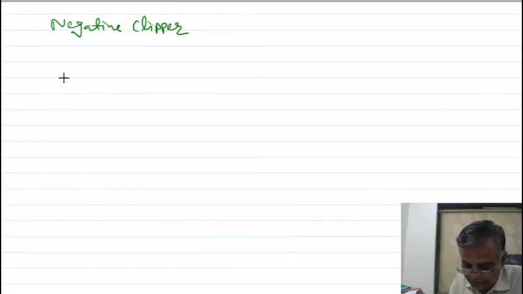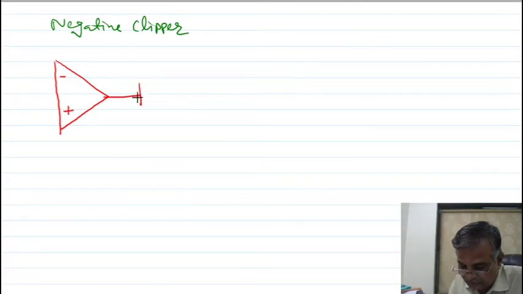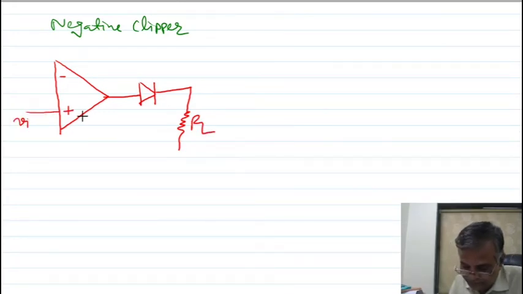using an op-amp. So this is the circuit diagram. This is minus, this is plus. So I make the direction of the diode changed. This is your RL. This is your input Vi.